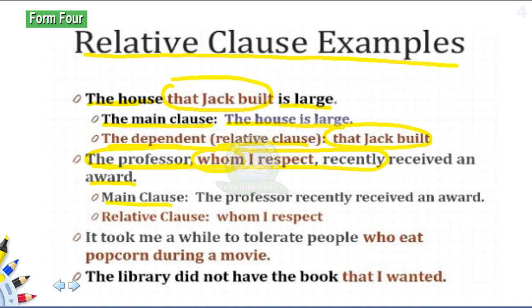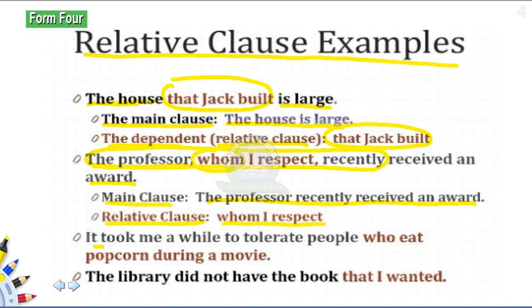So the main clause is the professor recently received an award, but the relative clause is whom I respect. It doesn't make sense alone. If I say to you whom I respect, this is a relative clause.